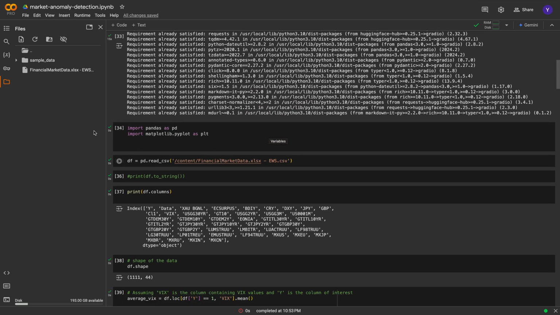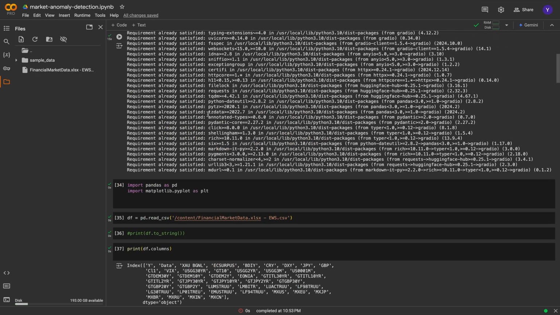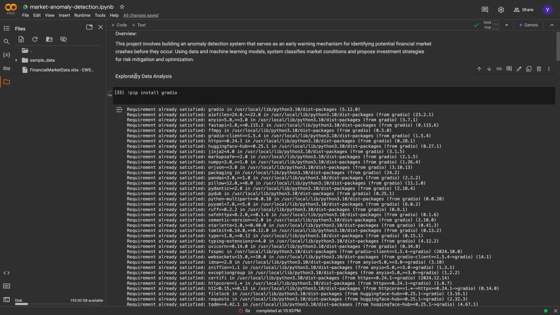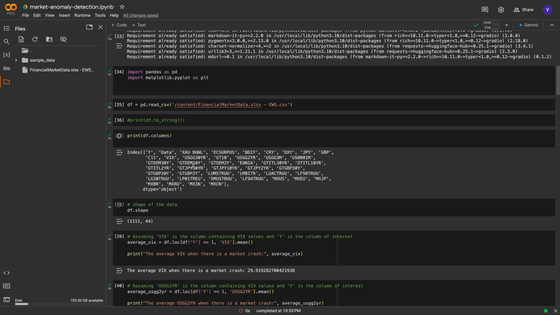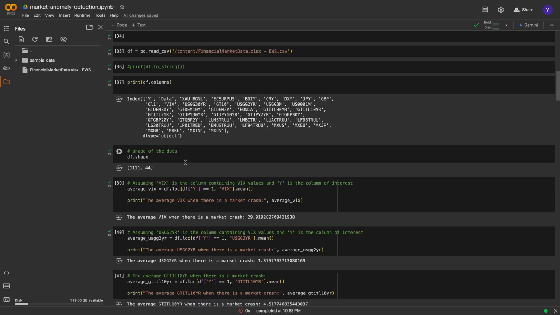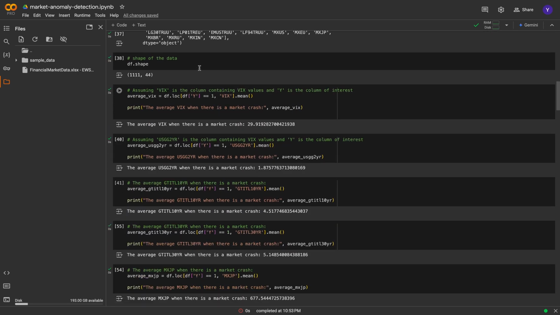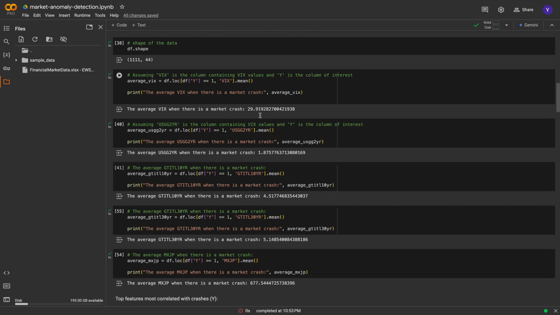I read my CSV file that was given to us. I started with exploring our data. I checked for the columns, the shape. I obtained the average of VIX when there is a market crash.